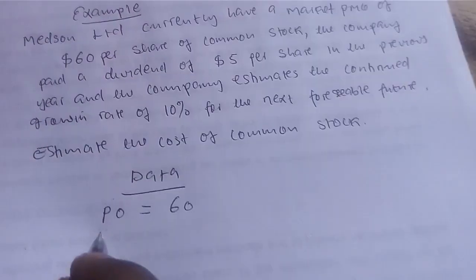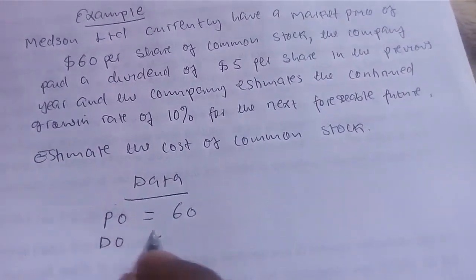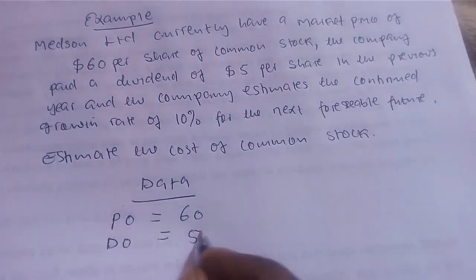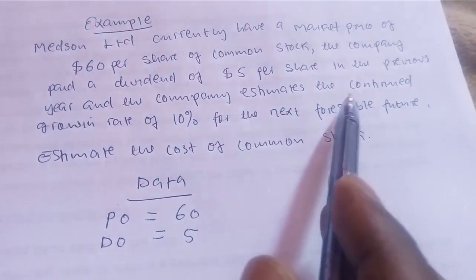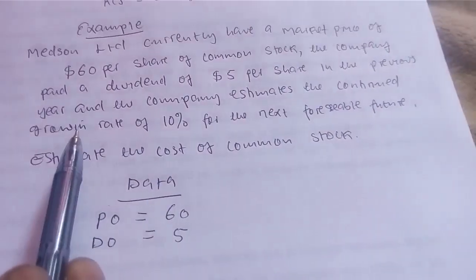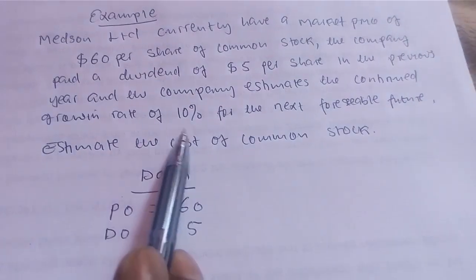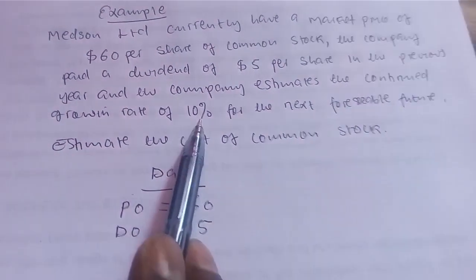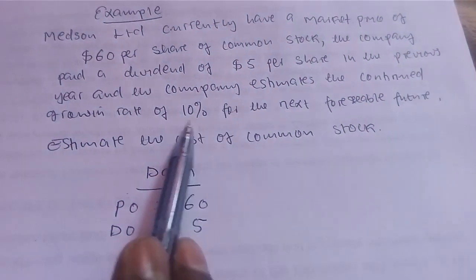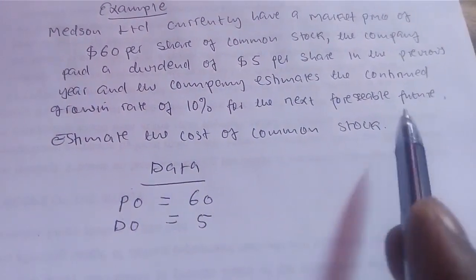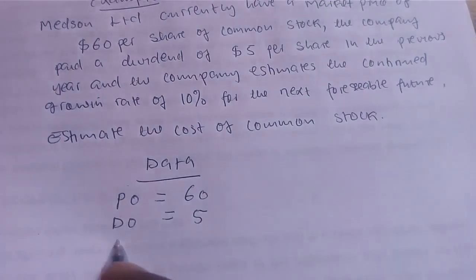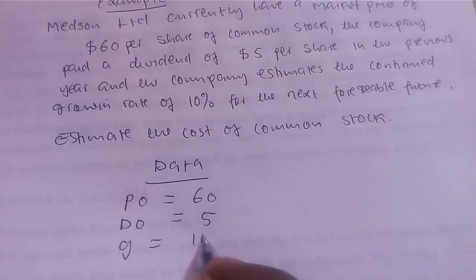So our previous dividend is denoted by D0, given to be $5. And then the other thing that we have here is the growth rate. This growth rate is a constant one, meaning it's the same one which we have estimated in the foreseeable future. So our G is given to be 10%.